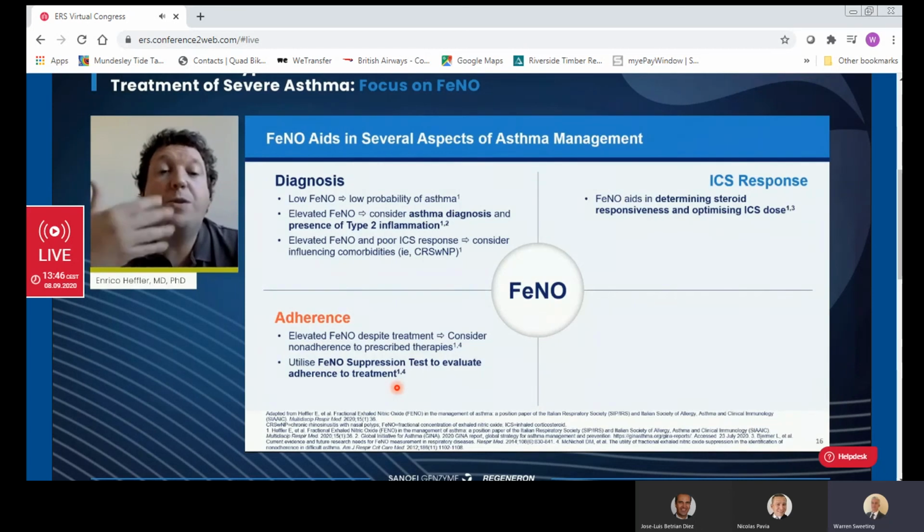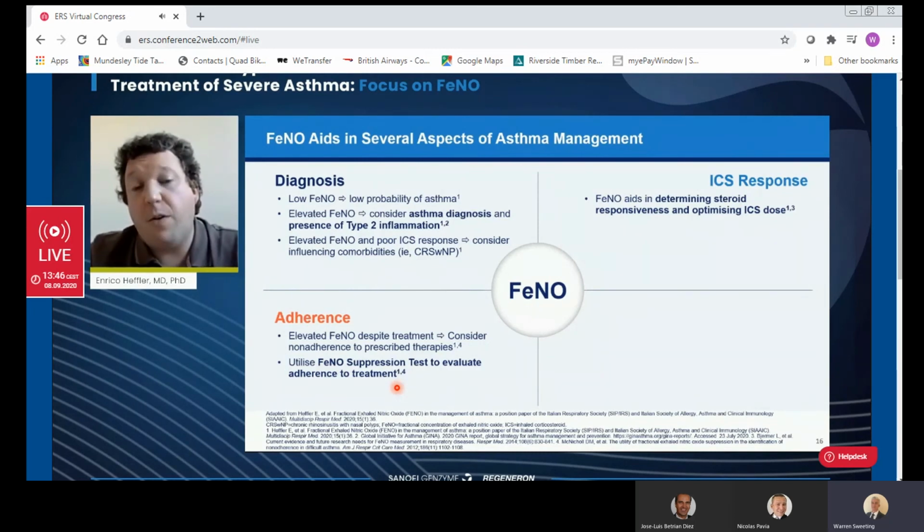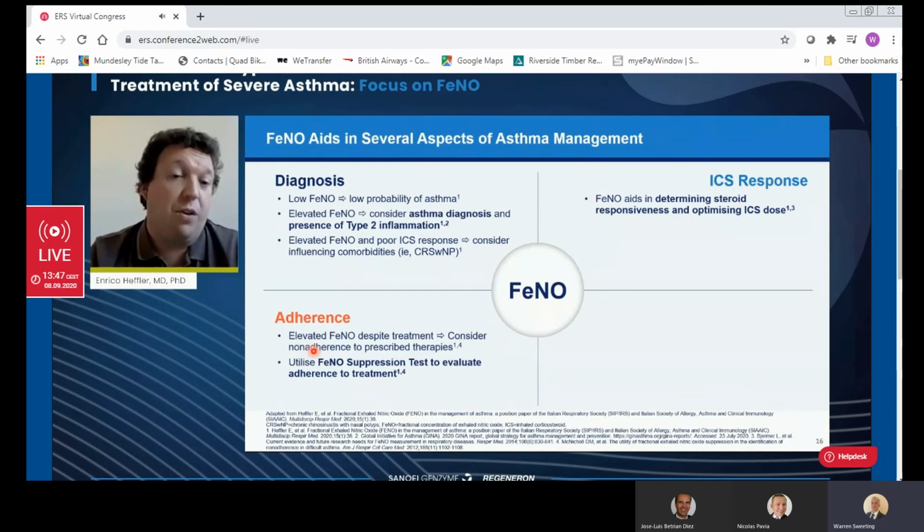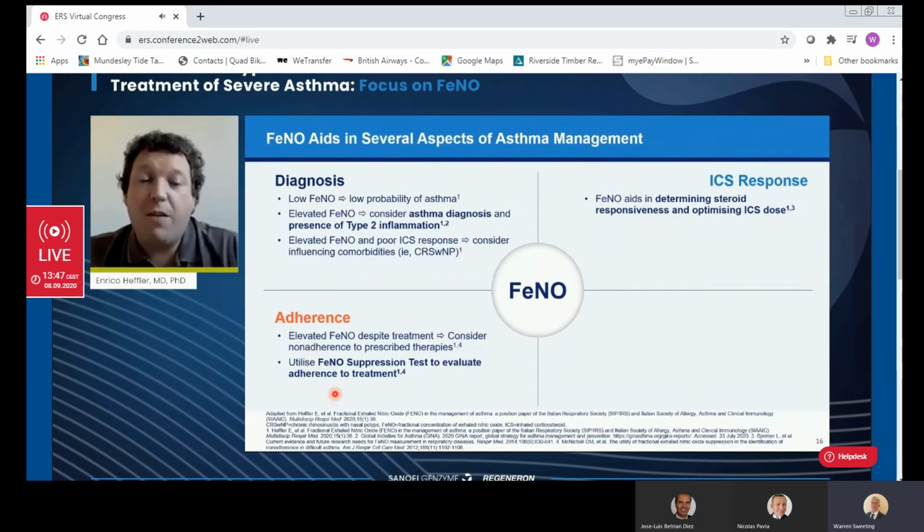If you observe the patient taking the treatment properly in front of you, you may assess FeNO in a sequence of assessments on different days and check whether FeNO is really reducing or not. If it's not reducing, you are probably in front of a patient who is really corticosteroid resistant, while if there is a significant reduction, probably the problem was adherence or incorrect inhaler technique.